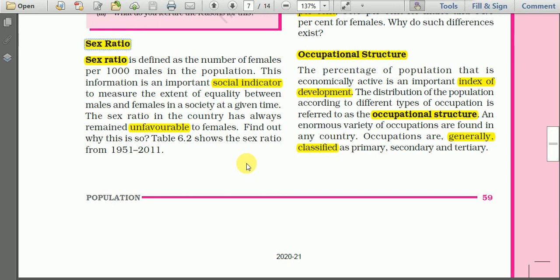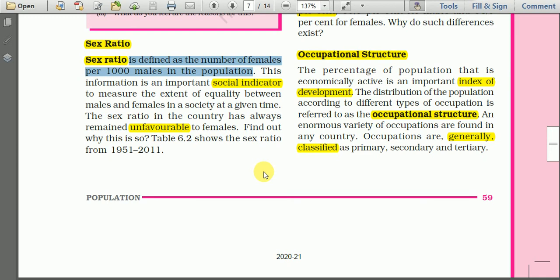Now we have sex ratio. What do you mean by sex ratio? Let us read. Sex ratio is defined as the number of females per 1000 males in the population.